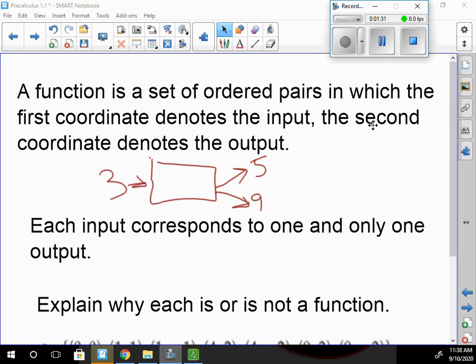It has to come out with only one output. So if I put an X in, or the domain in, there can only be one Y that comes out. If we look at ordered pairs, we can tell whether something's a function or not simply based on what came out.